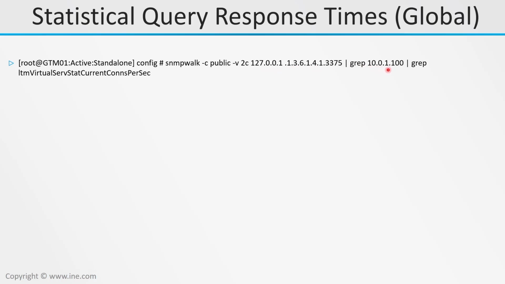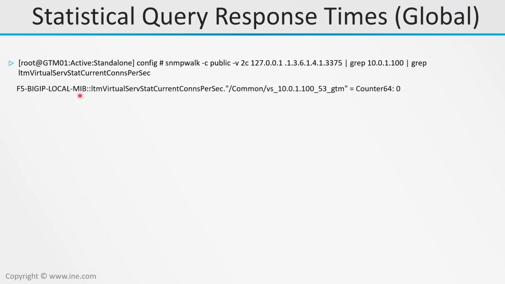And then we can grep for the specific IP address and then the connections per second. It's a longer way to do it, but based on our local MIB file, you can use that to identify how many queries are based on that listener address, which is 10.0.1.100.